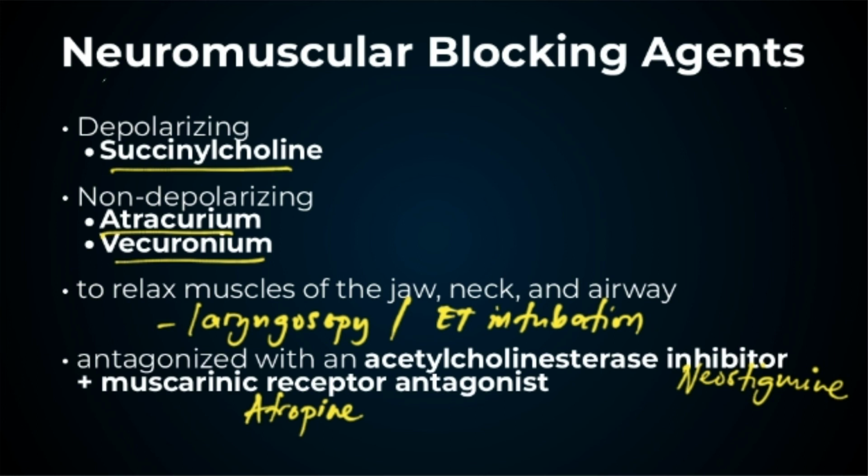In other words, if you want to reverse the effects of the neuromuscular blocking agents because maybe the surgery is done or you already extubated the patient, you can give neostigmine and atropine.